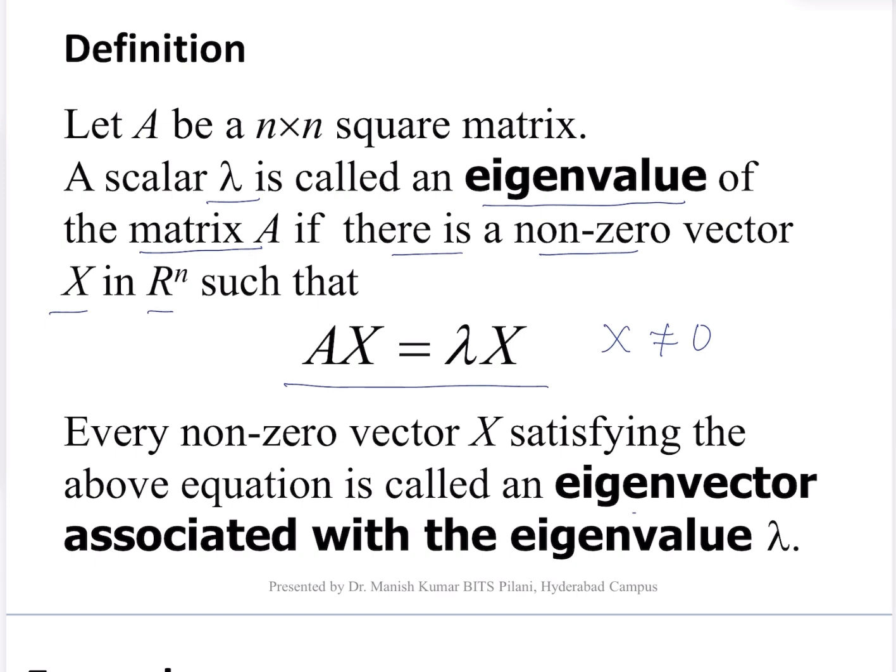Every non-zero vector x satisfying the above equation is called an eigenvector associated with the eigenvalue lambda, right? So we are basically searching for all such vectors which satisfy this equation, then we call lambda an eigenvalue and the non-zero vector x an eigenvector corresponding to that lambda.